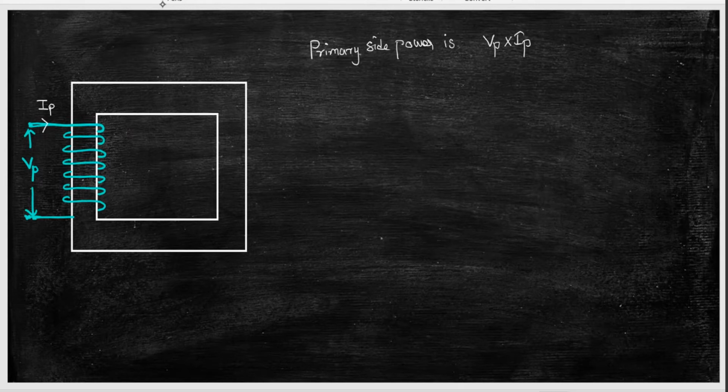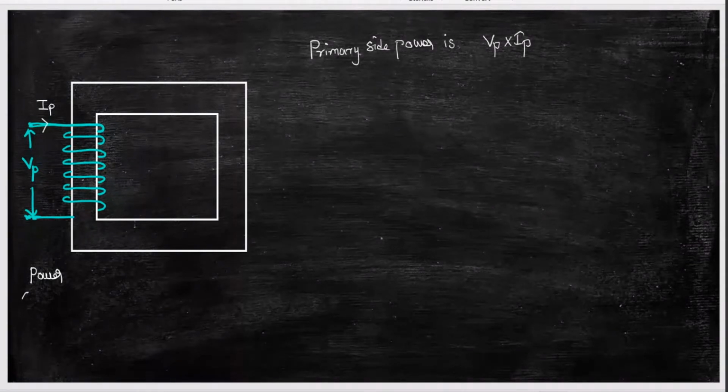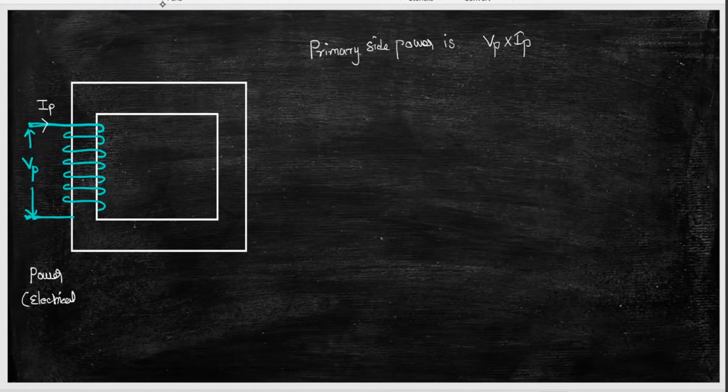The power which we have given is the primary power. This power, which is an electrical quantity, is converted into flux.